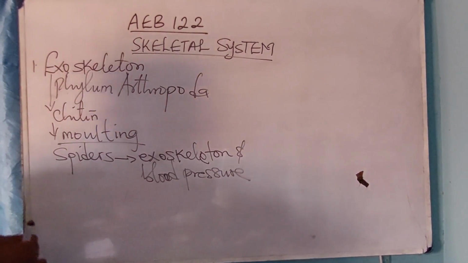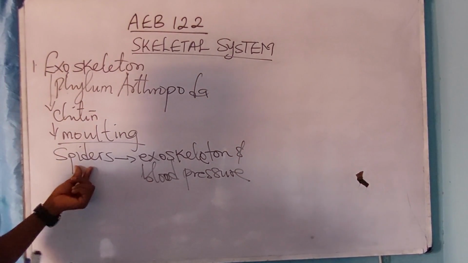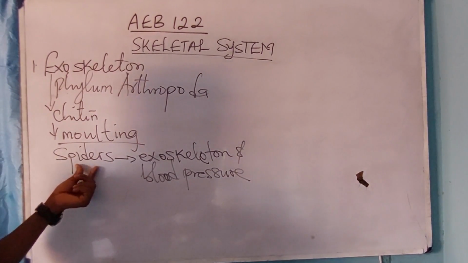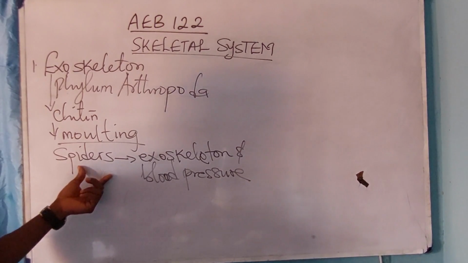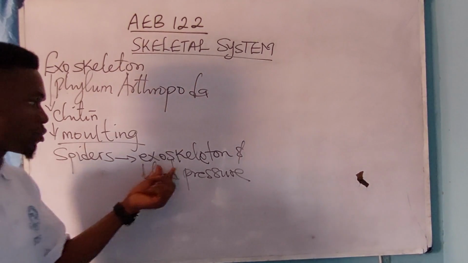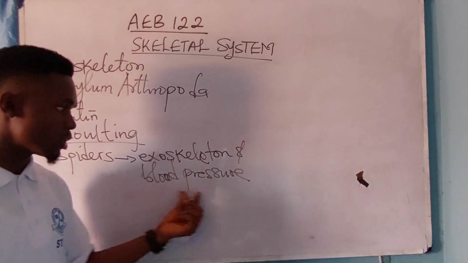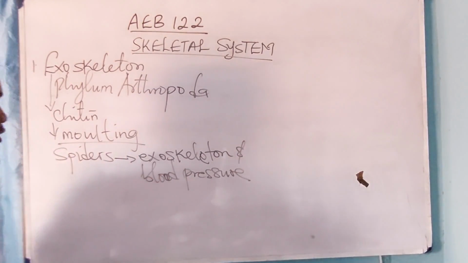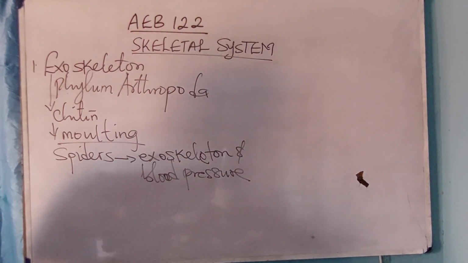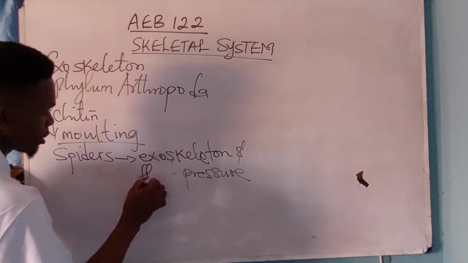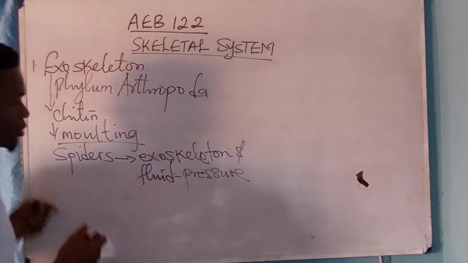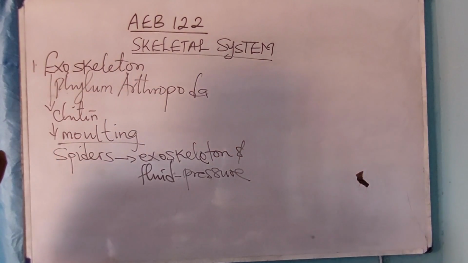Insects respirate through the use of trachea, okay? And spiders make use of exoskeleton and blood pressure. Please take note of that. Or fluid pressure. Let's use fluid pressure, okay?